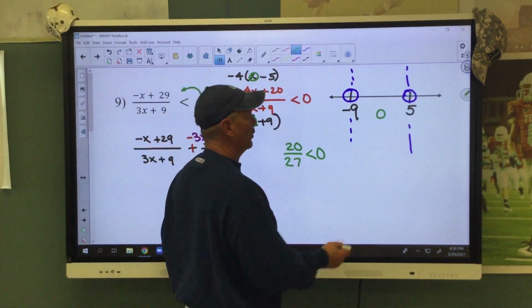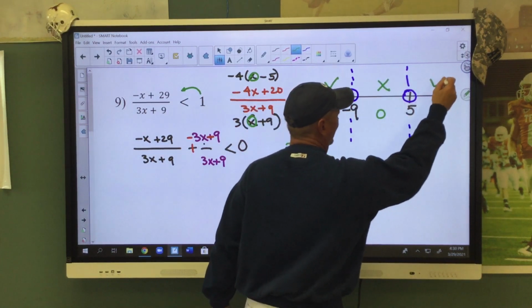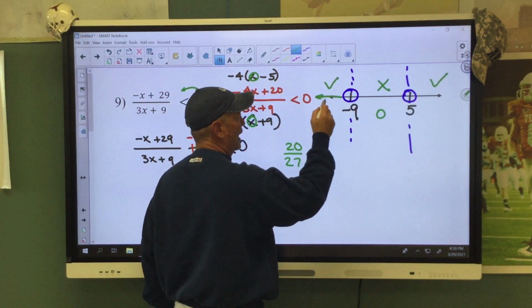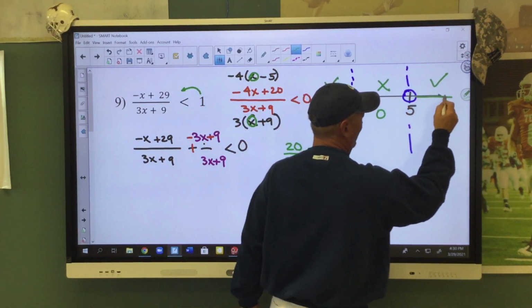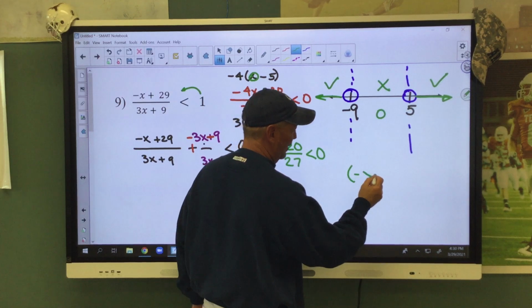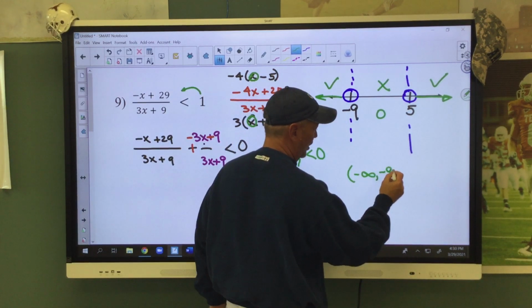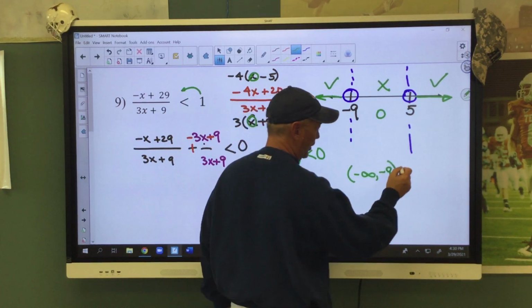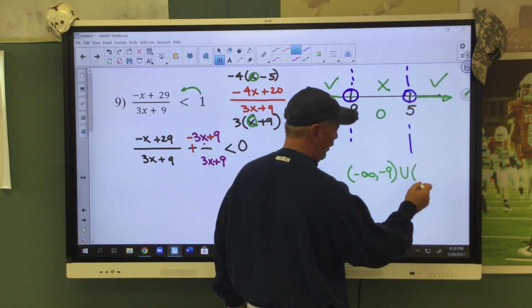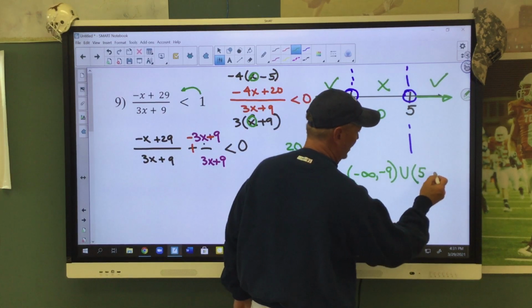No. So this is bad. These are good. So we're going to go from here to negative infinity, and from here to positive infinity. We're going to say negative infinity to negative 9, soft bracket, u, soft bracket, 5 to positive infinity.